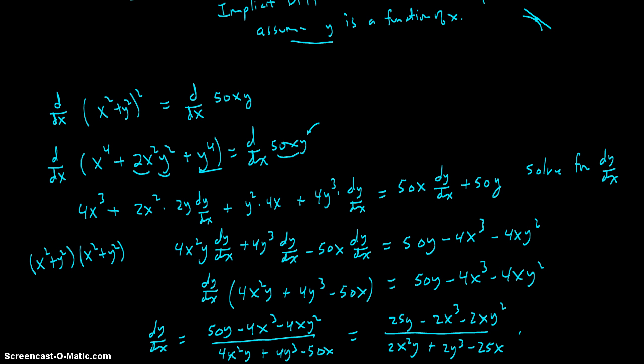So there is our derivative, and that is the slope of our lemniscate at any point (x, y) on the lemniscate.